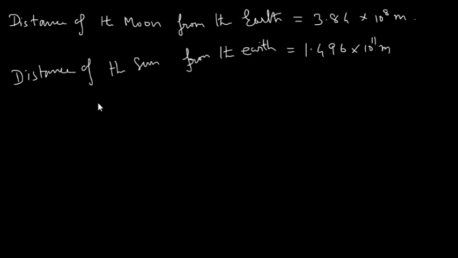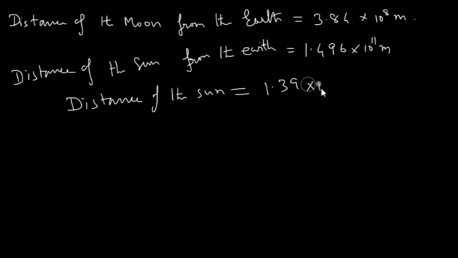Now the diameter of the sun is equal to 1.39 × 10^9 meter.